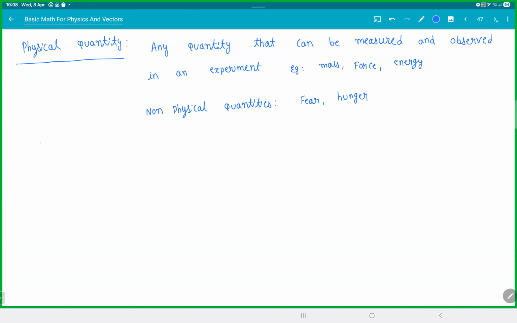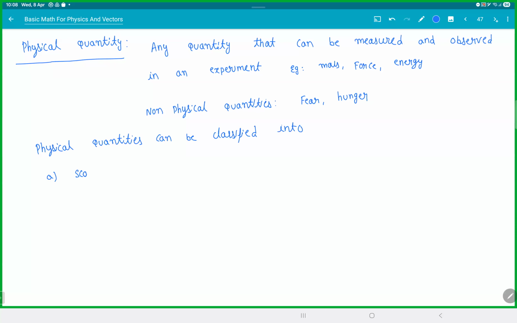Now these physical quantities can be classified into scalars, vectors, and tensors.